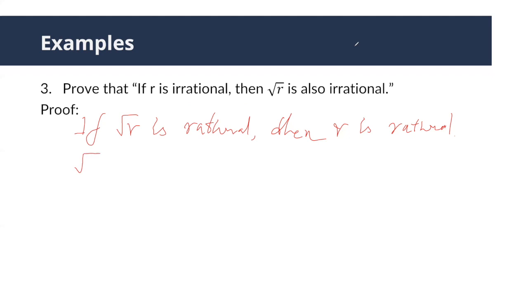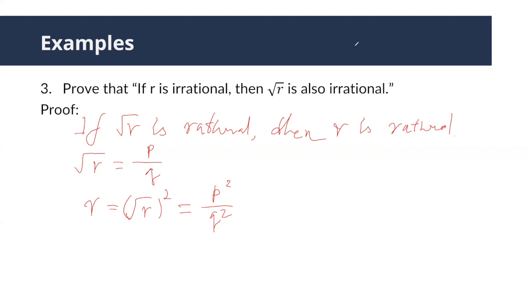And since the square root of r is rational, by definition, we know it's equal to p over q, where q is not equal to 0. And in addition, p and q should not have any common factors. What about r? r is equal to the square root of r squared, equal to p squared over q squared.